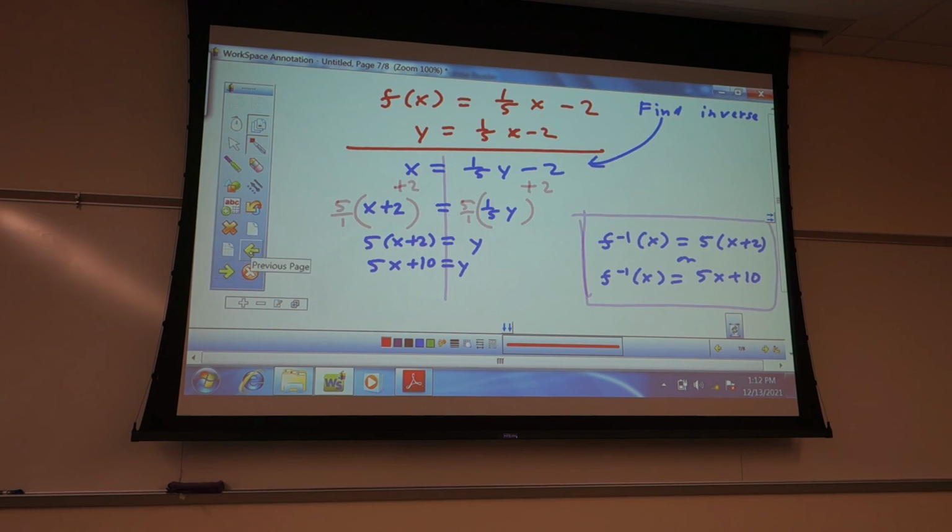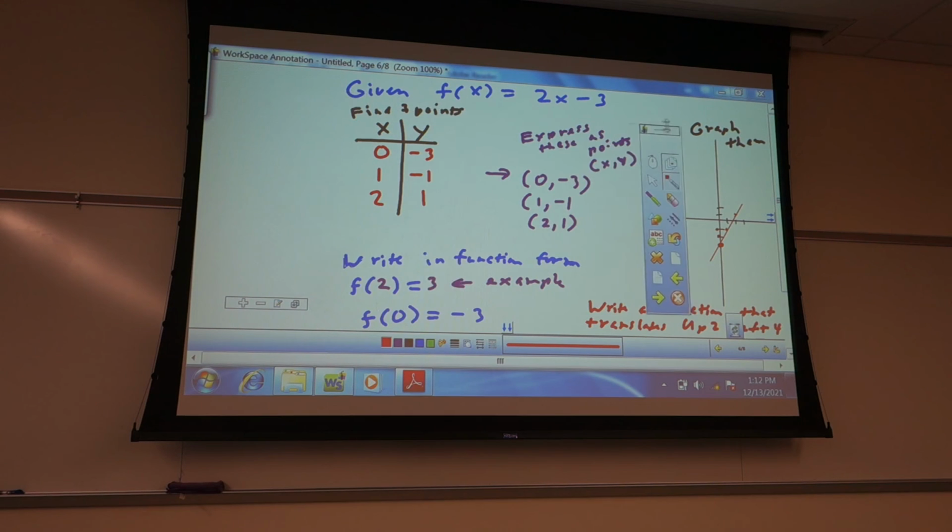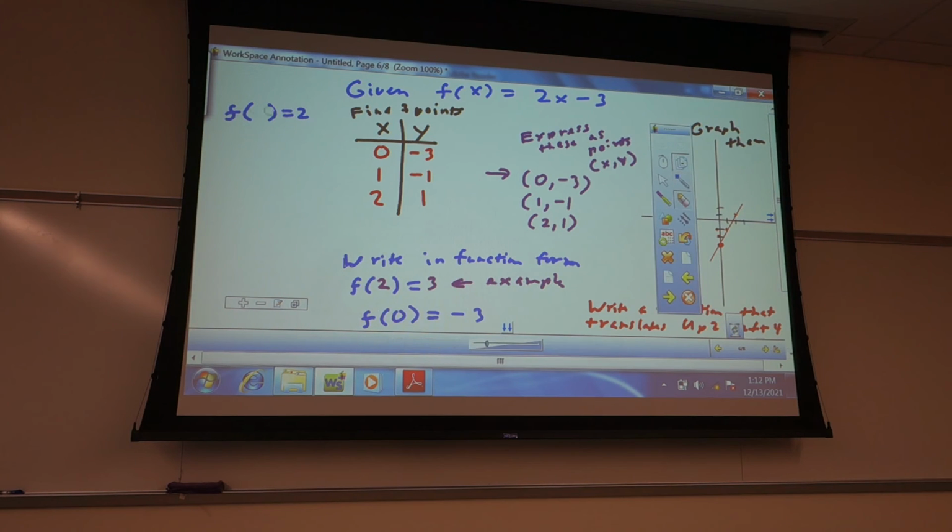You look back at this one over here. F of x equals 2 times whatever x is minus 3. If I put in 0 for x, that means I put 0 in here, and I find the y.